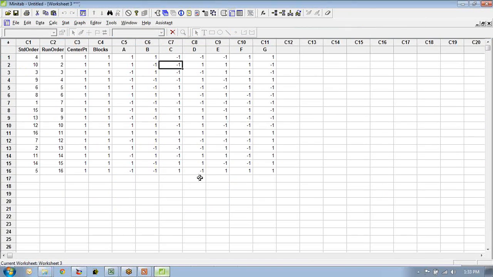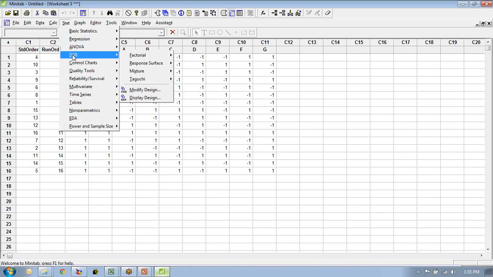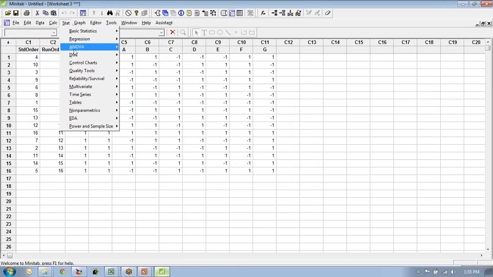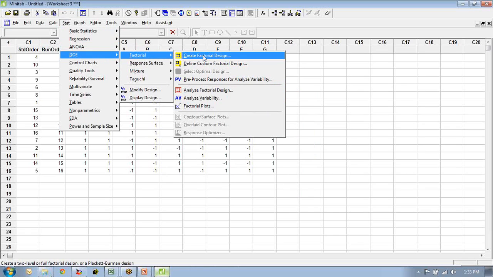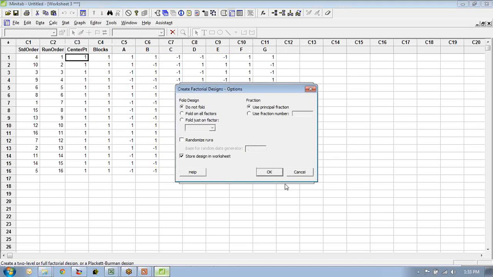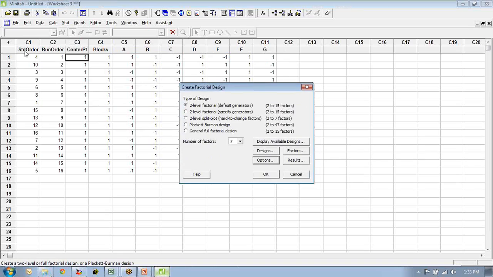To show you what I mean, here's 16. When we did a DOE, factorial, I'm going to create another one, and I'm going to not randomize this time, and I think you'll see why. So you notice that the standard order is not the same. Standard order is what Minitab uses to do the 1s and the minus 1s, and then it does this run order, which includes randomization.